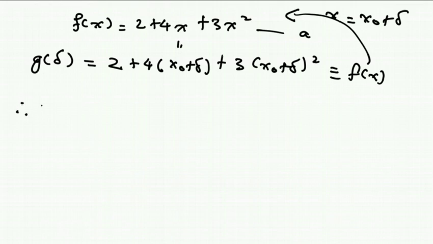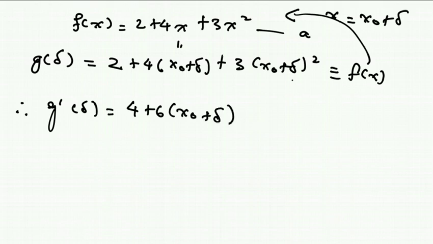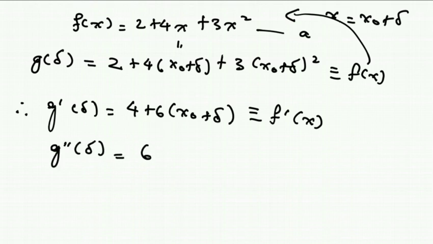So when we try to find g prime(delta), we have 4 plus 6(x naught plus delta), which is equivalent to f prime(x). We can also have the second derivative g double prime(delta) equivalent to 6, because no longer x we want to differentiate, which is also equal to f double prime(x).